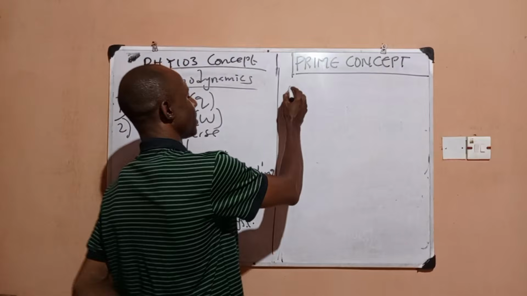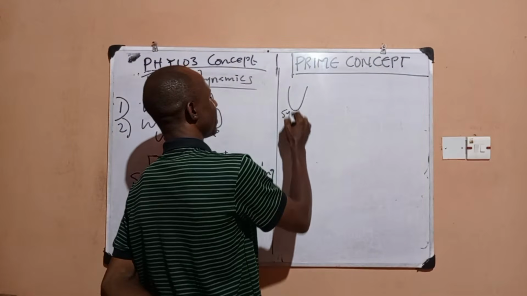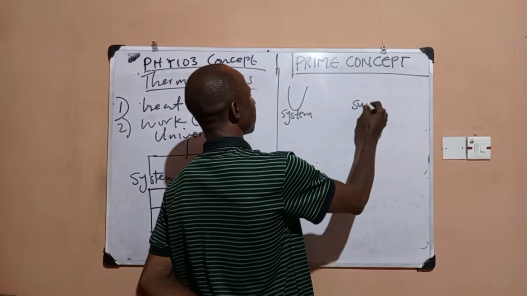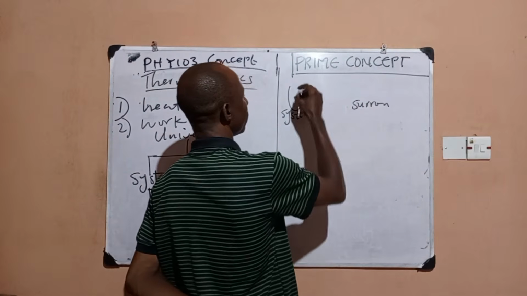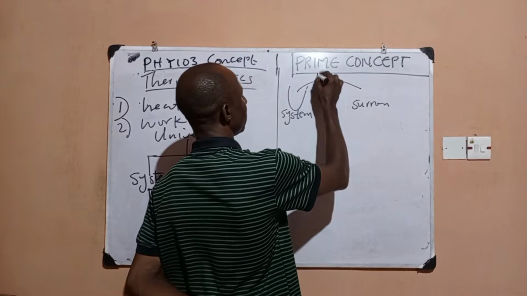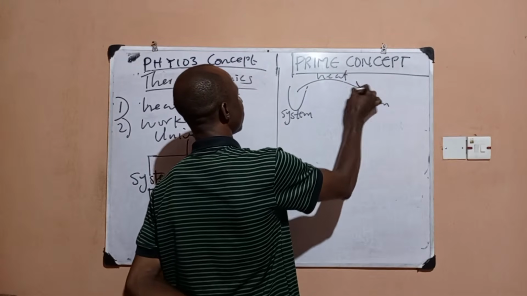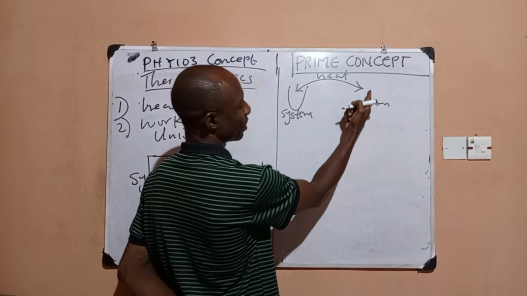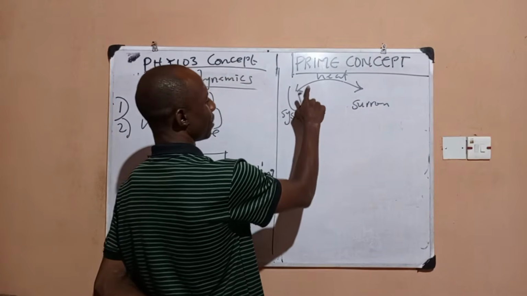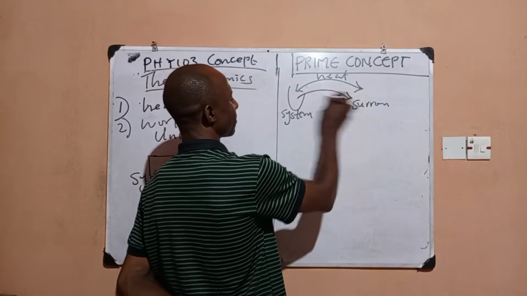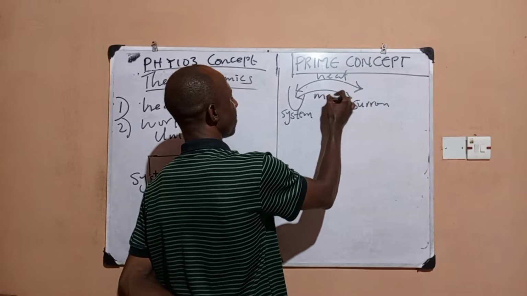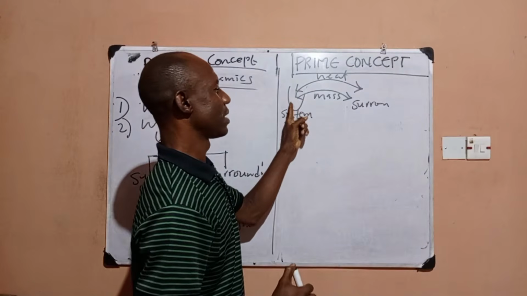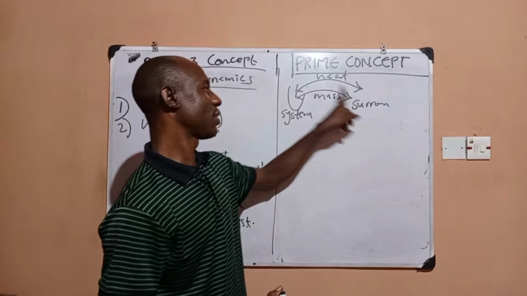So when you have something like this, and this is your system, and this is your surrounding, heat can travel out of your system to surrounding. It can travel from your surrounding to your system. Also, you have this, where this one is mass. So mass can move out from your system to surrounding, or from surrounding to system.